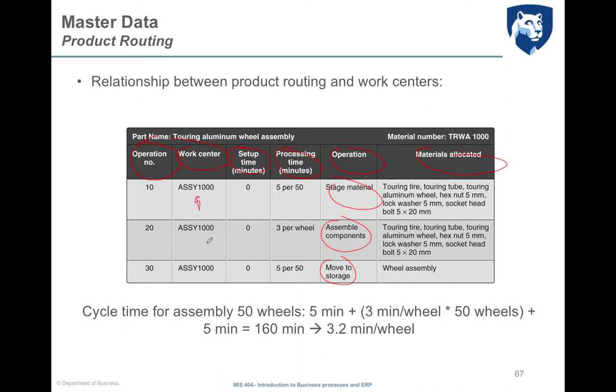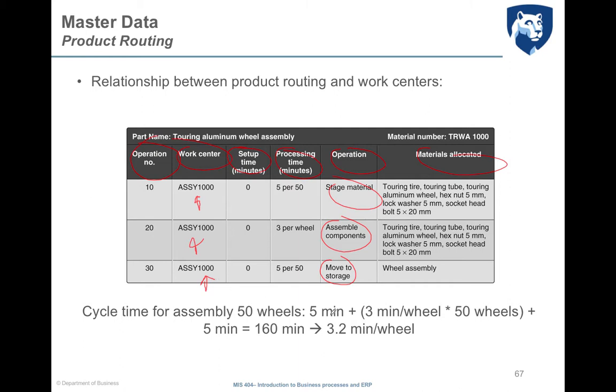SY1000. And wheels are assembled in batches of lots of 50 units, and it takes 5 minutes to stage the materials for 50 wheels, 3 minutes to assemble each wheel, and another 5 minutes to move the 50 wheels assembled into the storage.